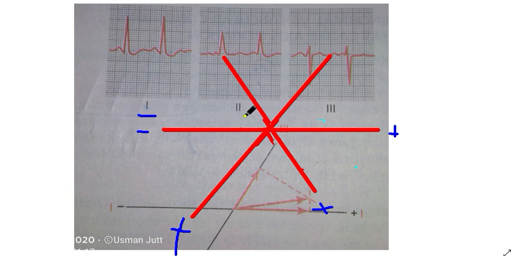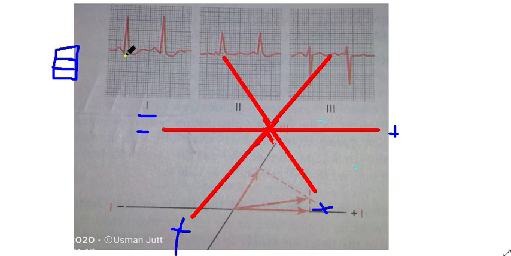First, what is the direction of the QRS vector in lead 1? In lead 1, it is deflected in the positive direction. And as I told you in the previous lecture, one complete box of electrocardiography recording paper is equal to 0.5 millivolt, whereas two boxes are equal to 1 millivolt.